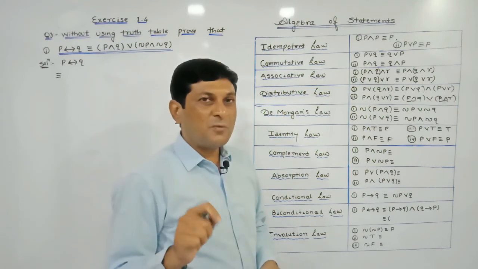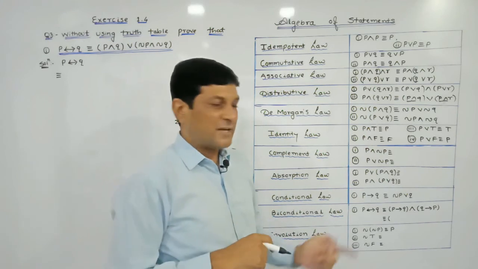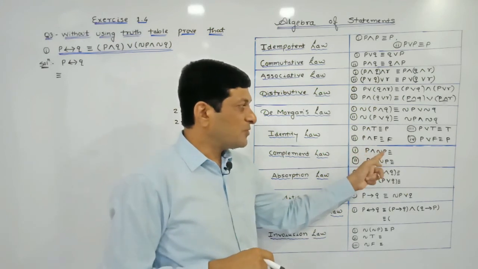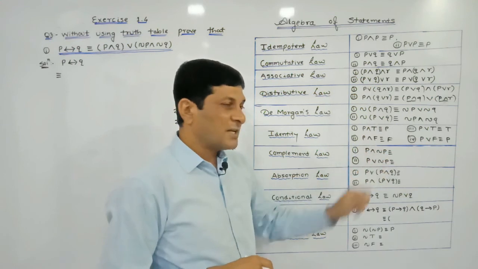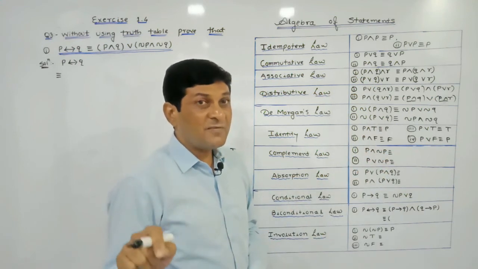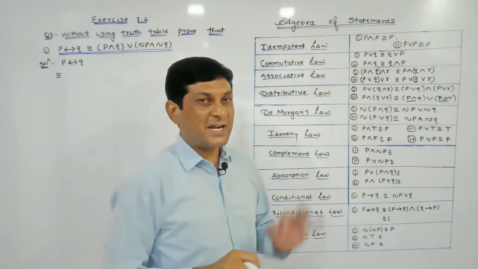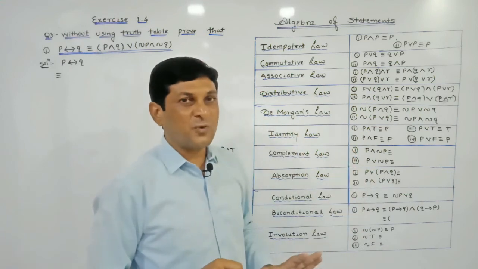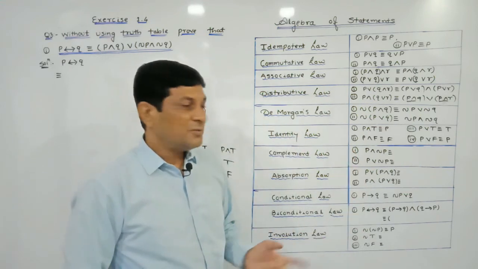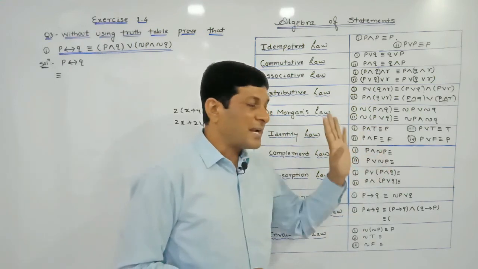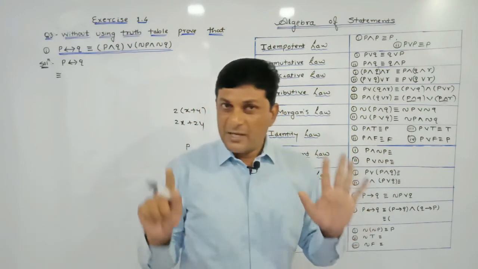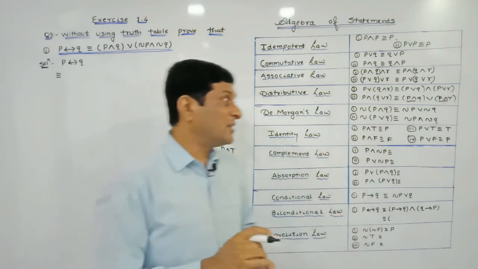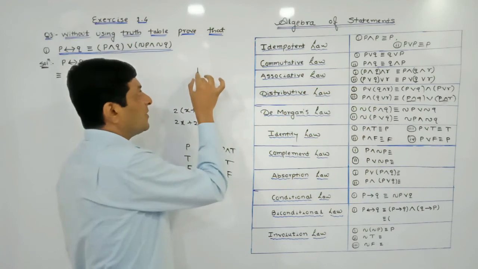In the complement law, see the first statement P, and it is connected with its negation by the logical connective 'and'. In case of 'and', simply remember that if at least one statement is false, 'and' will be false. Here one statement is P and another statement is negation P. Are their truth values identical or different?